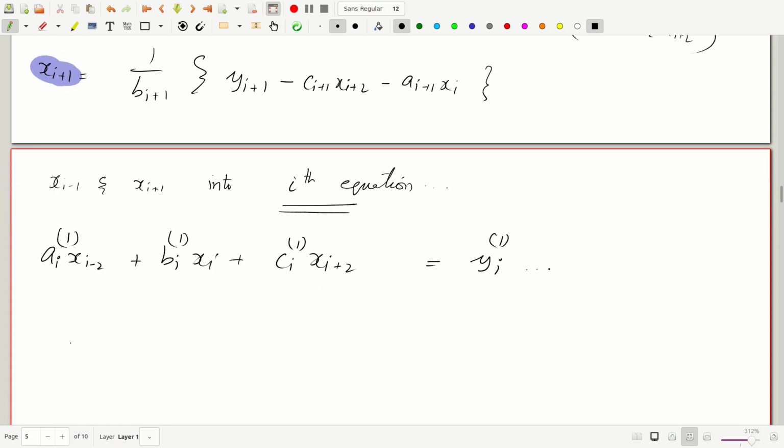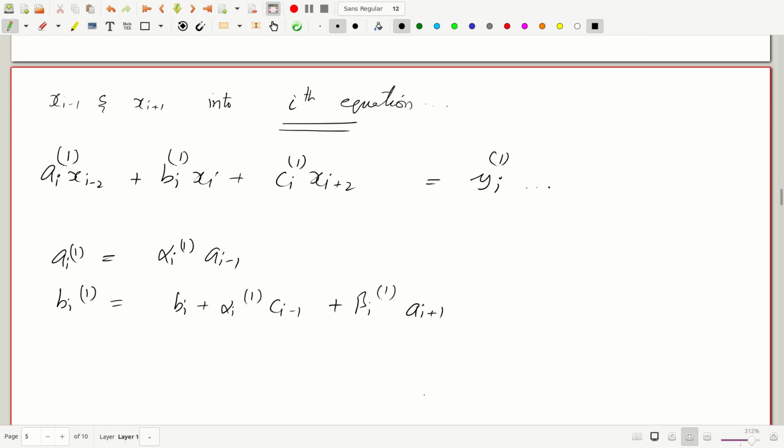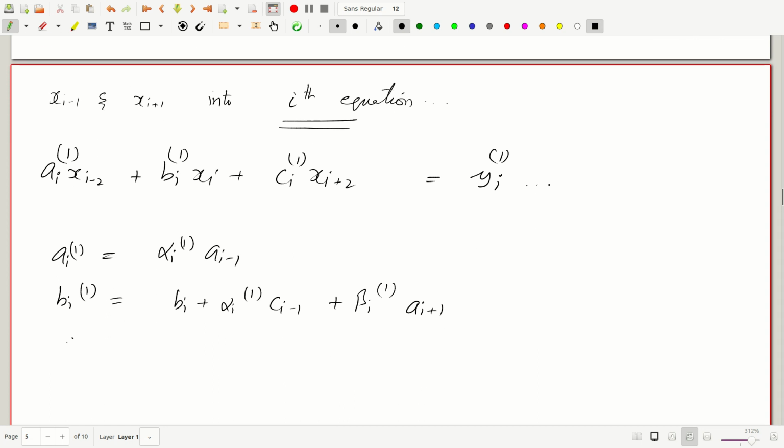Now with these new coefficients, a_i^1 is basically given by some alpha_i^1 times a_{i-1}, okay? And then similarly b_i^1 is given by b_i plus alpha_i^1 c_{i-1} plus beta_i^1 a_{i+1}, and alpha and beta will also be given with corresponding values.